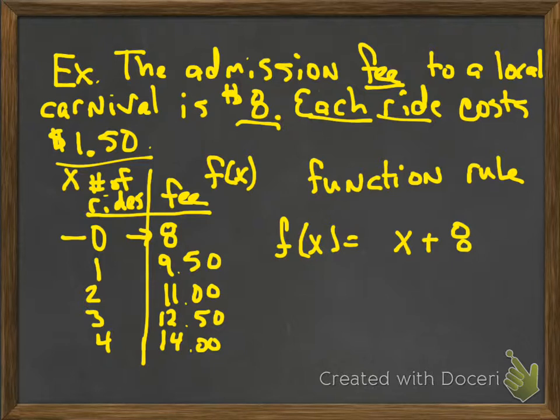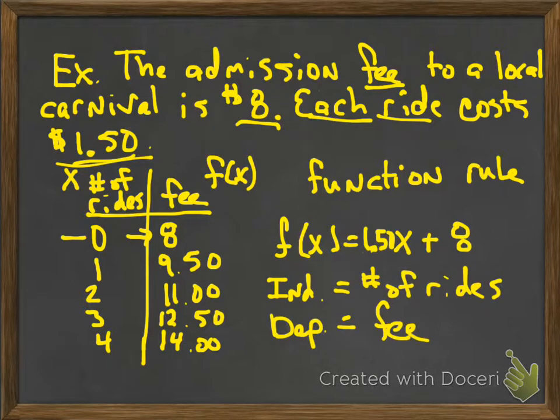Okay, and then the $1.50 that's being charged for each ride, that's going to be there in front of the x. That's 1.50x. I'm sorry if that looks different, but I was trying to squeeze it in. Plus 8. So $1.50 for each ride plus $8. My independent there is the number of rides, and my dependent is the fee, how much I will pay total while going to the carnival.